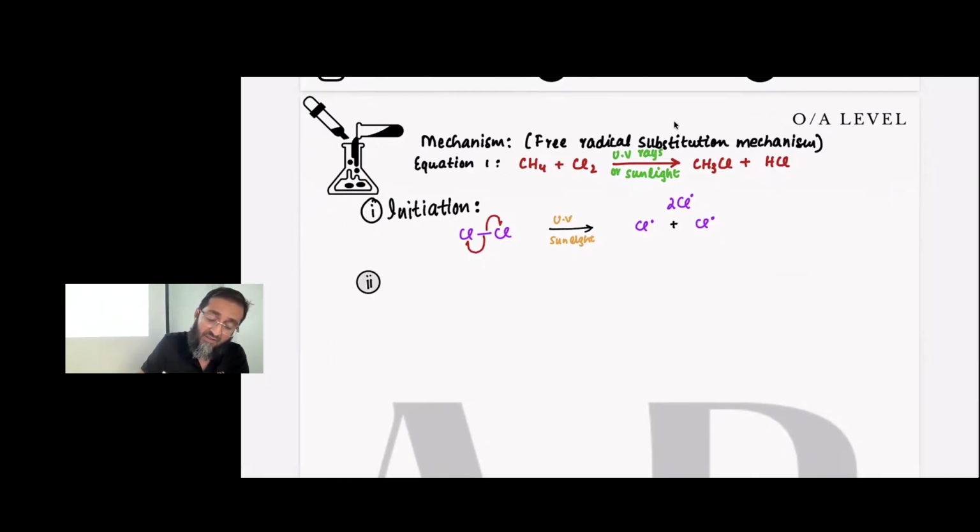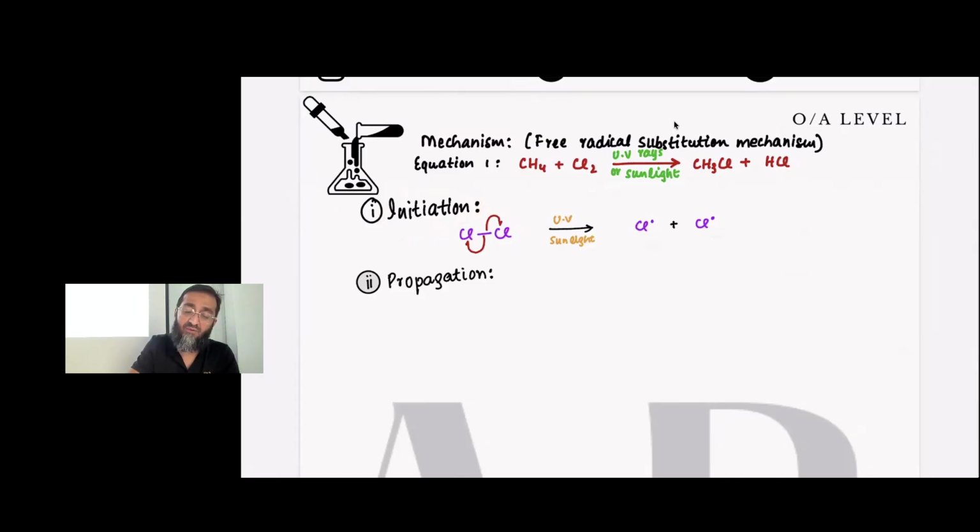Now after initiation, the second stage of this mechanism is called propagation. What does propagate mean? To spread something or to transfer something. In the first stage, initiation, the radicals are actually initiated. In the propagation step, these radicals react with the molecules to form more radicals.